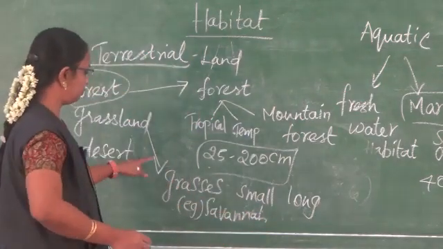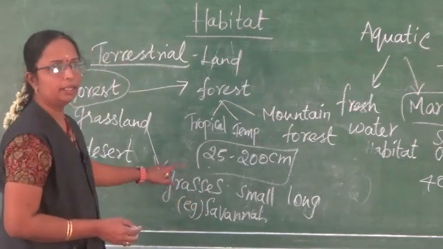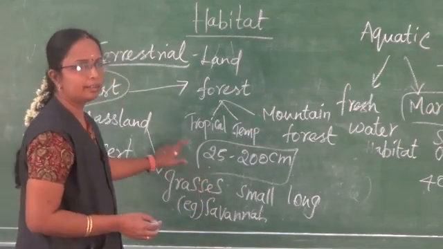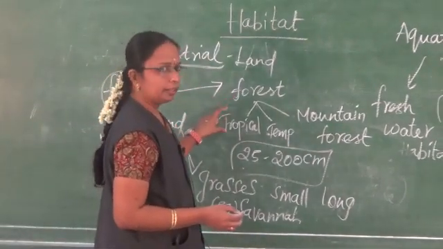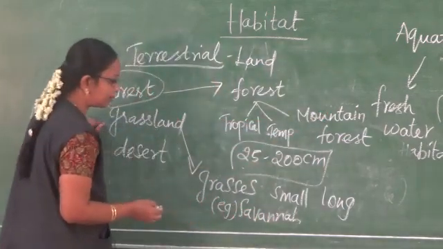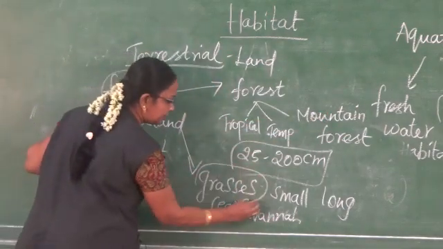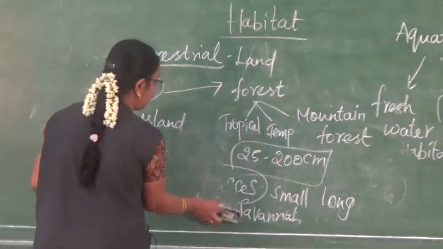Only grasses are seen in these areas. So forest contains three types, tropical, temperate and mountain forest, and grassland supports only the grasses, from small to longer types.